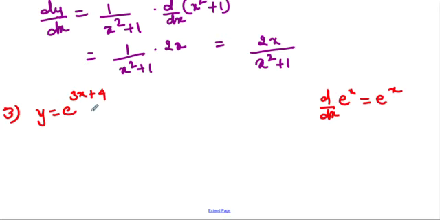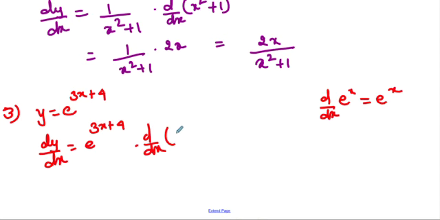So, assuming everything is x, dy by dx equals e to the power of that, but that is not really x, so I need to find the derivative of that function also. So e to the power 3x plus 4 times the derivative of this part, which is 3, and the derivative of 4 is 0. So that is the answer for the question, and this is how we apply the chain rule for finding the derivative of a function.